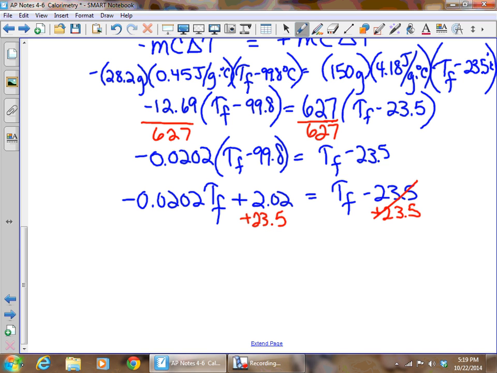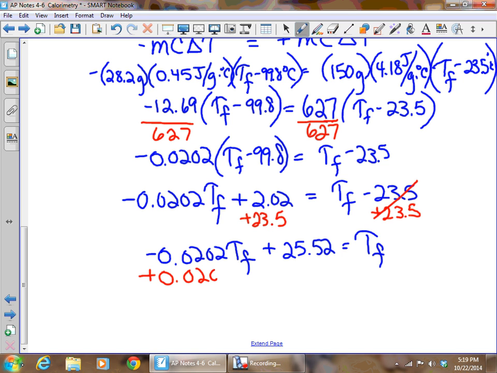And we end up with negative 0.0202 times T sub F plus 25.52 is equal to T sub F on the right-hand side. And now I'm going to combine the T sub F's by adding the 0.0202 T sub F's to both sides.